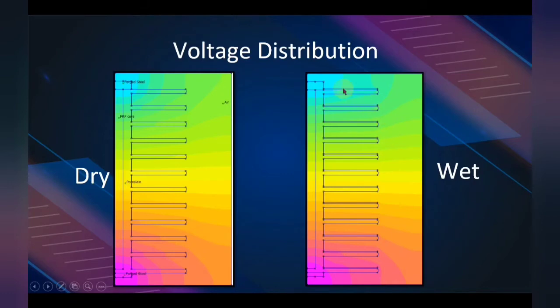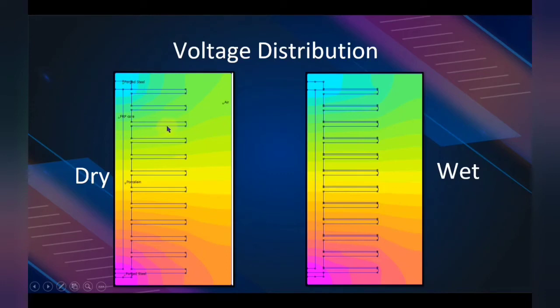So we put 20 degrees Celsius of water on every single top of the shed. The voltage distribution for the dry looks really normal, evenly spread from 132 kilovolts to zero, that is the ground.